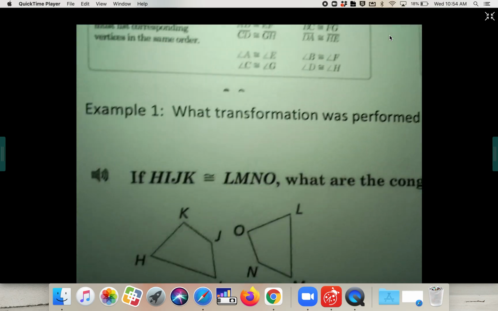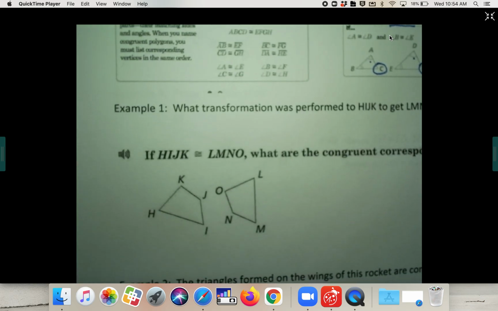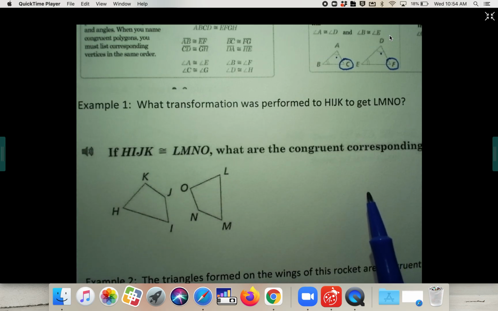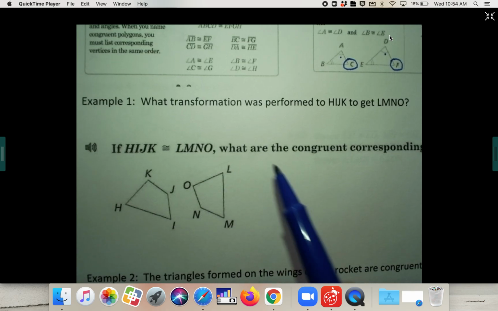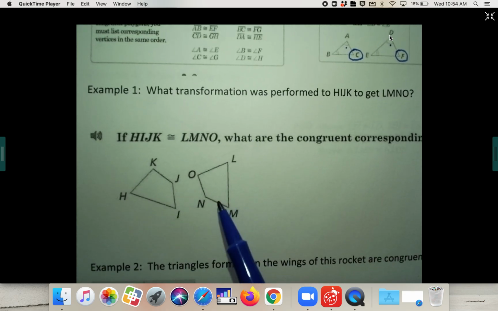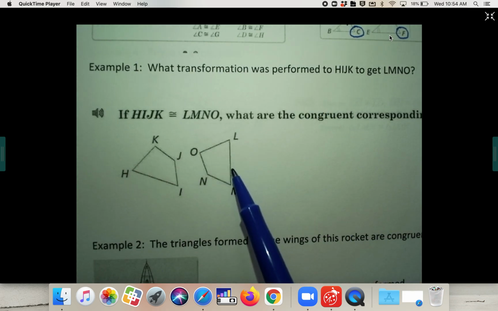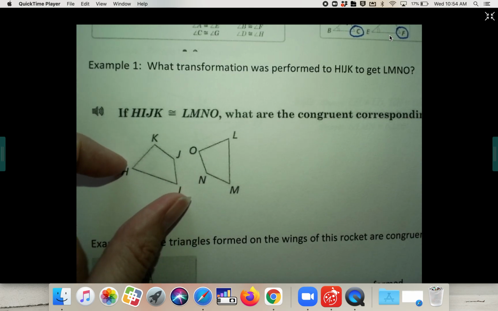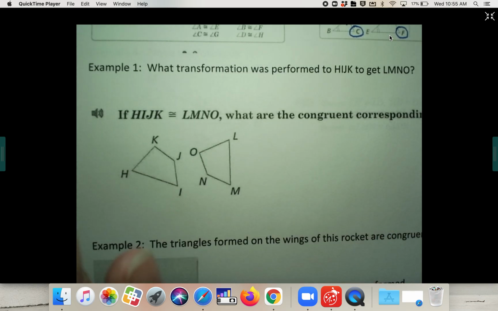Okay, before we talk about corresponding parts, you really need to know your transformations, which again are slides, which is also called a translation, reflections, and rotations. So looking at these two shapes, what transformation was performed to get from this one to this one? I know that it looks like it's also been rotated a little bit, but one of the main things I see is it has been reflected.